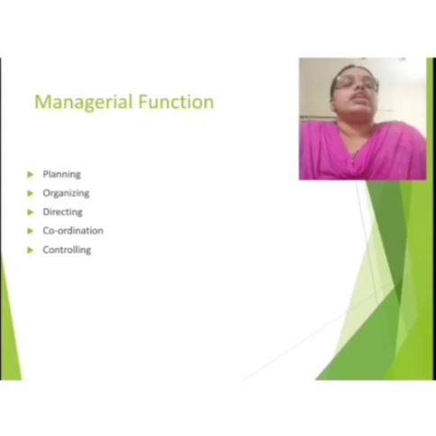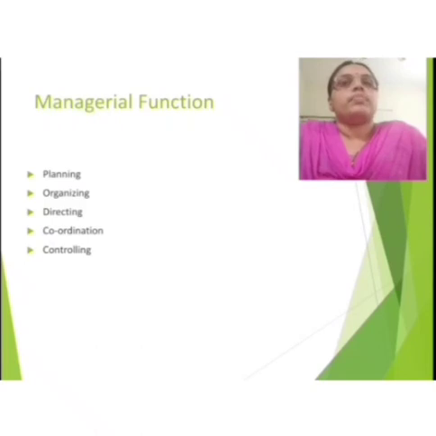After coordination, the next function is controlling. It is the process to verify whether everything in the organization is done according to the plan. It is done on the basis of predetermined standards.